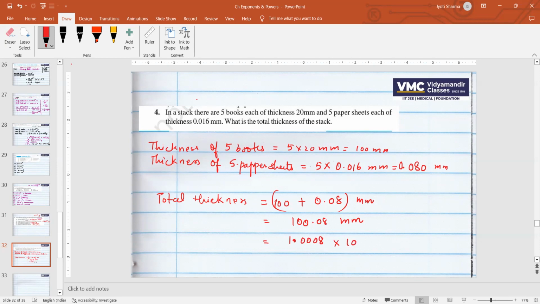I have shifted the decimal to the left, so the power will be positive, and two places I have moved. This is standard form. By doing this, the end of the chapter, the whole exercise, including the example, is discussed.